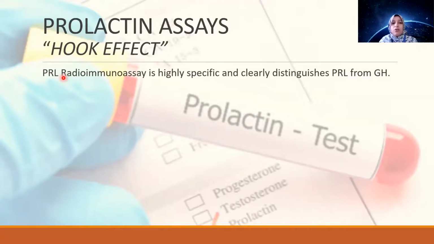place. Prolactin radioimmunoassay is highly specific and clearly distinguishes prolactin from growth hormone, because I told you earlier that they belong to the same class of peptides, and because of their homologous structures, can influence each other's detection during the laboratory assays.